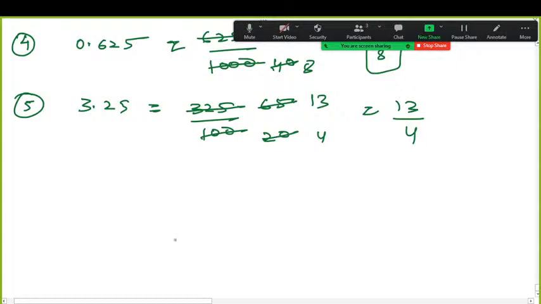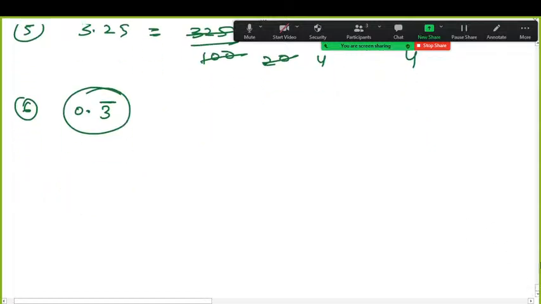Let's say I'm having 0.3 bar. I will tell you the approach if you want to understand it. First, you assume it to be x, and you figure out how many digits are repeating.